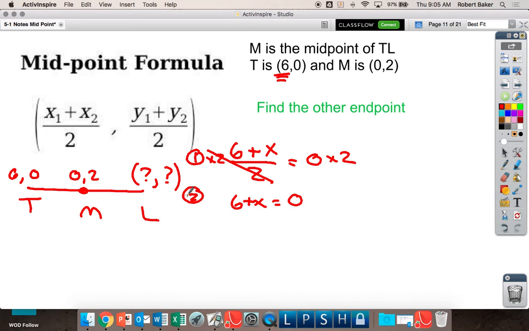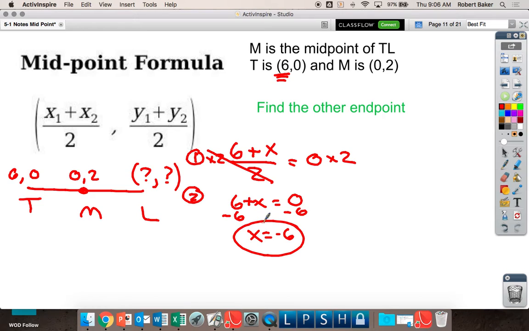Step 2, subtract the number or get rid of the number next to the x. So it says 6 plus x. What's the opposite of positive 6? Minus 6. So x equals negative 6. The x value of my other endpoint is negative 6.